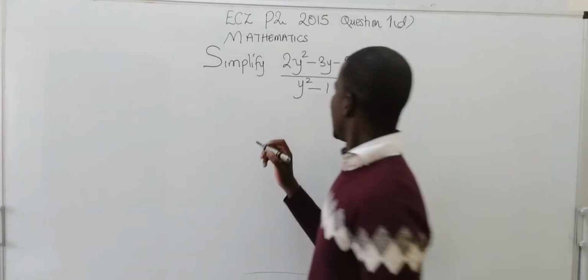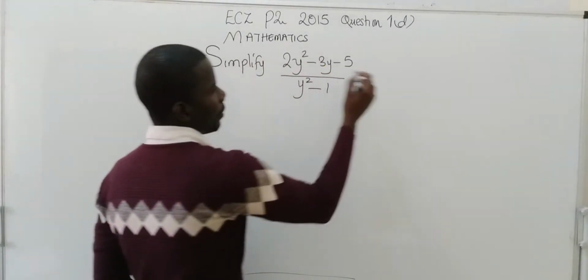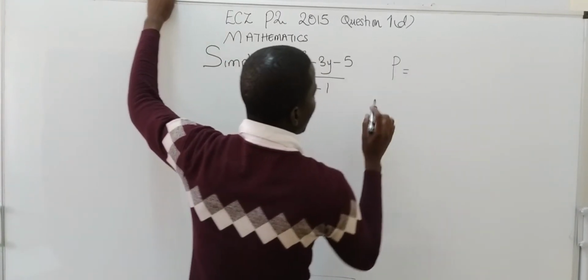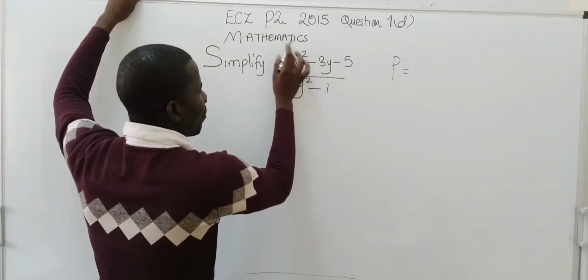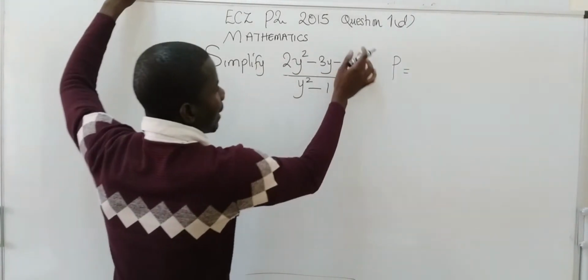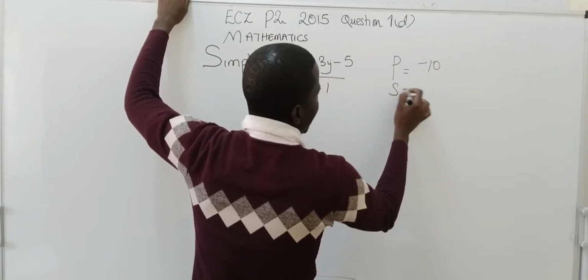When we want to factorize a quadratic expression, we say we need to find the product. How do we find the product? We multiply the coefficient of the variable that is squared and the constant here. So this is going to give us negative 10. Then we look at the sum.